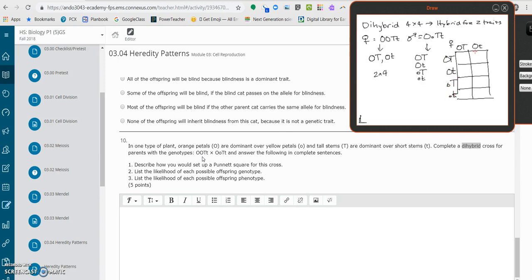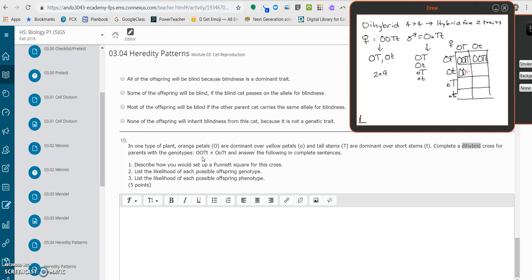When I do this cross, the rule is keep the letters the same, in the same order, and always do capitals first. In this first box, notice that I'm homozygous dominant for both. I'm going to go across. I've got 2 dominants and a heterozygote.